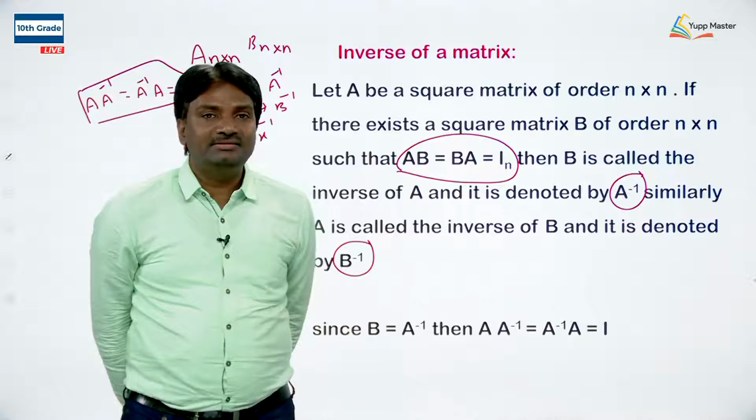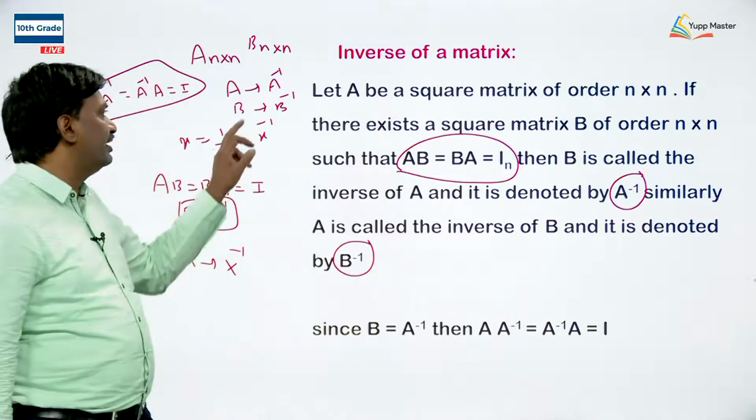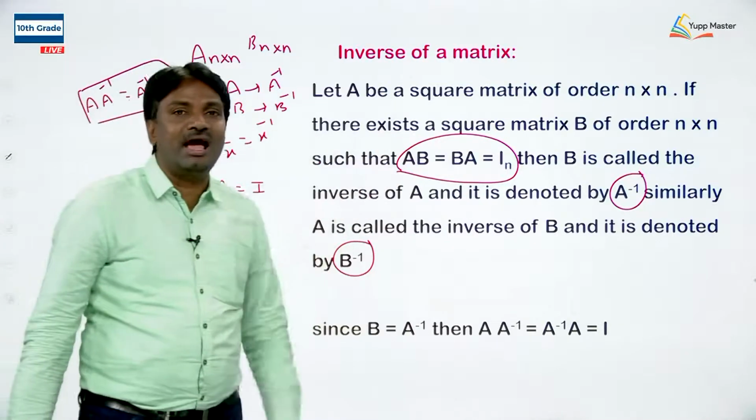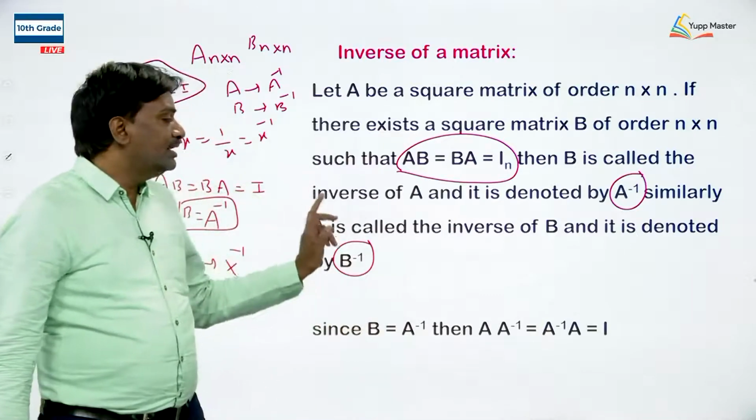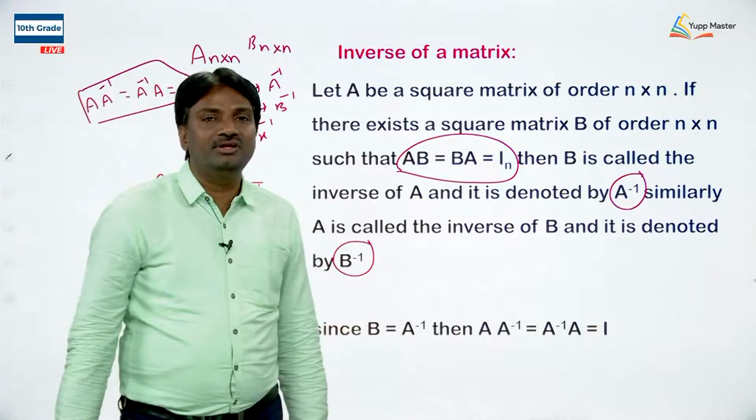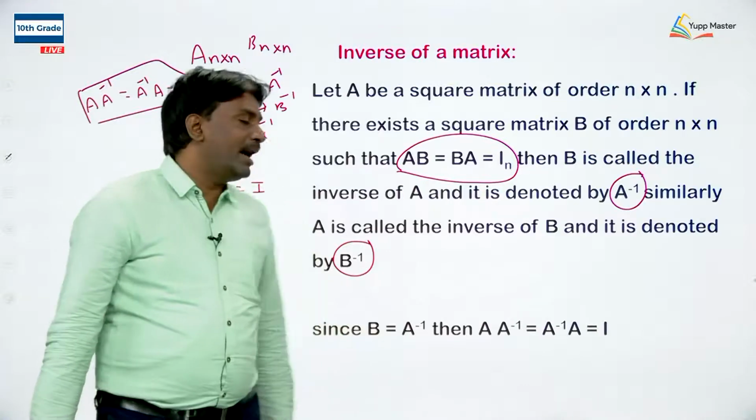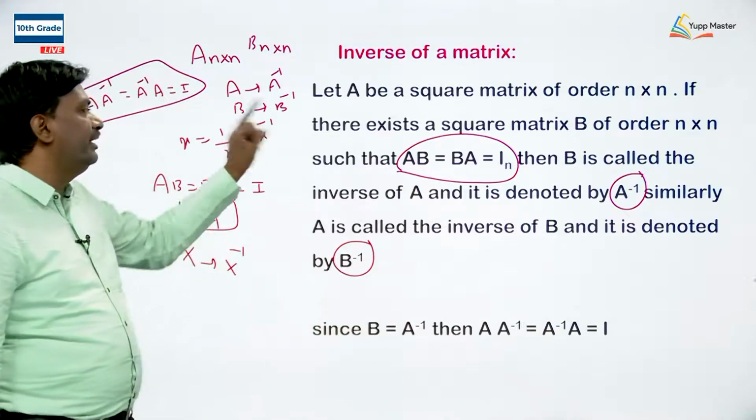The inverse of the matrix A is denoted by A power minus 1, but we have to read that as A inverse. Similarly, the inverse of the matrix B is denoted by B inverse.